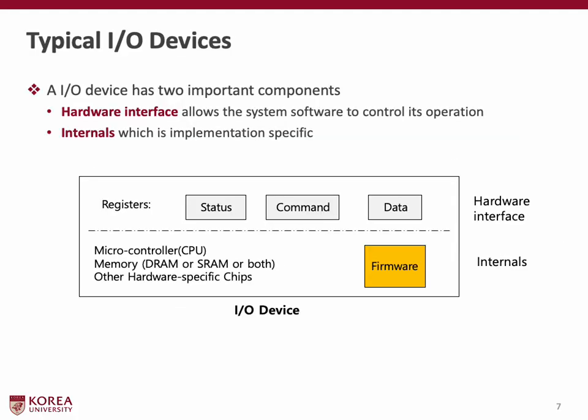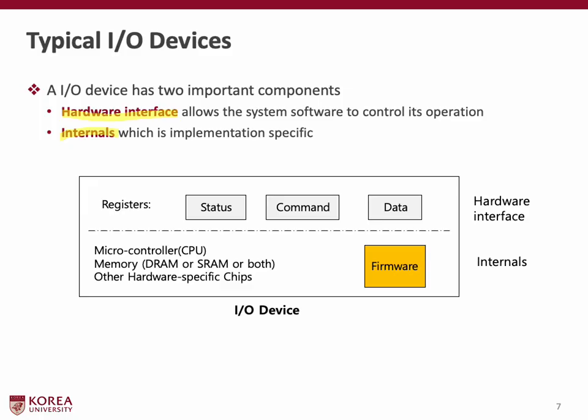Okay, then let's talk about how I/O device is structured. Basically, typical I/O device has two main parts. The first part is a hardware interface, which lets the operating system control the device. And the second part is internal components.